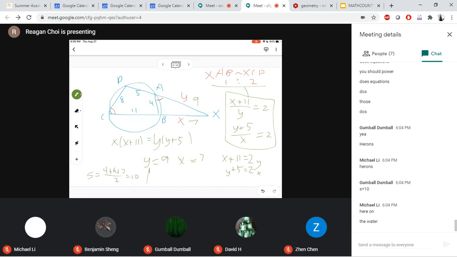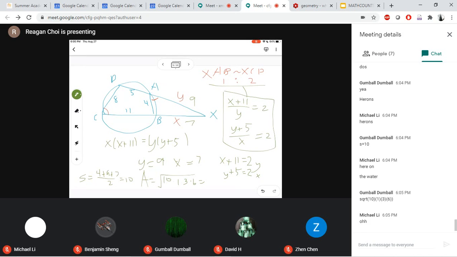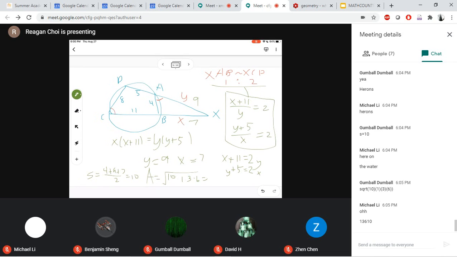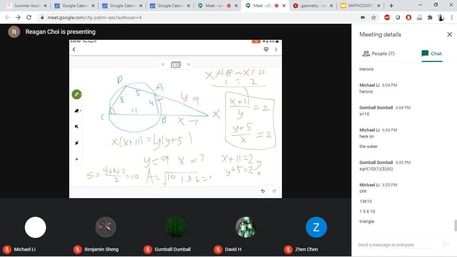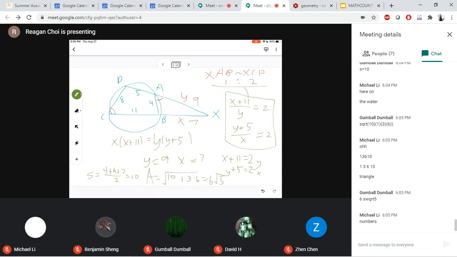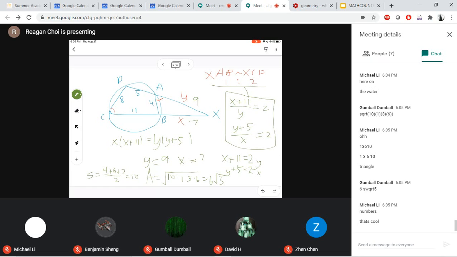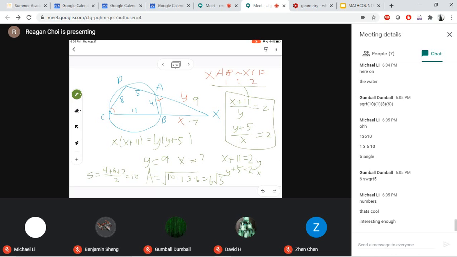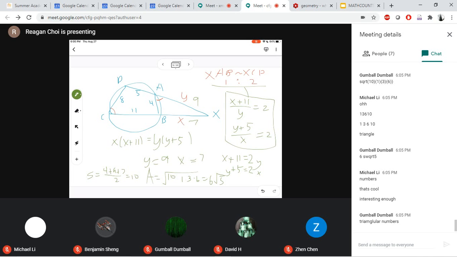So area equals root of 10 times 1 times 3 times 6, which equals 6 root 5. Nice. 1, 3, 6, 10. That's kind of interesting, 1 plus 3 plus 6 has to equal 10. And that's the answer.